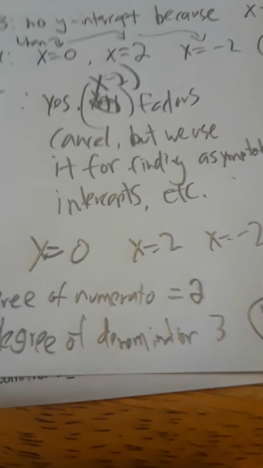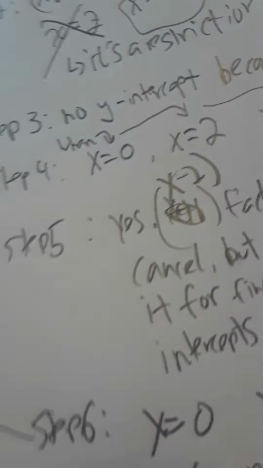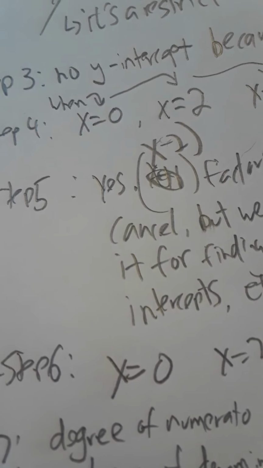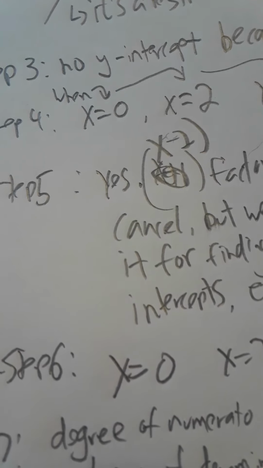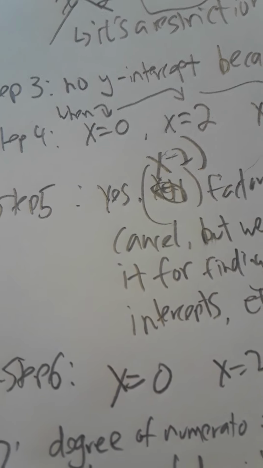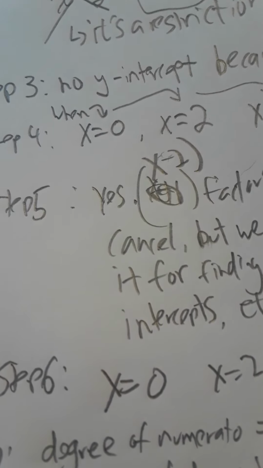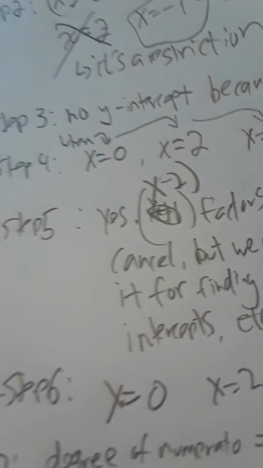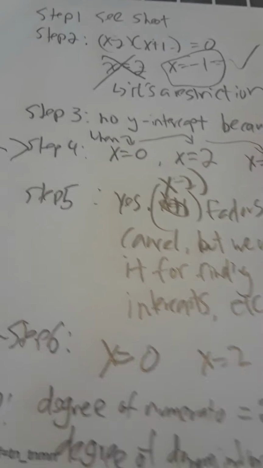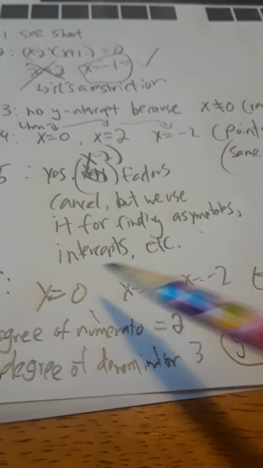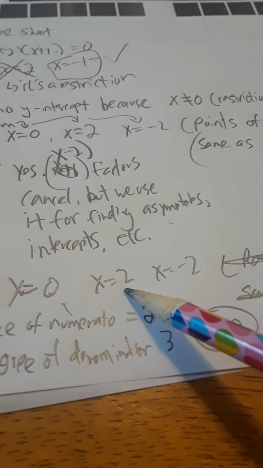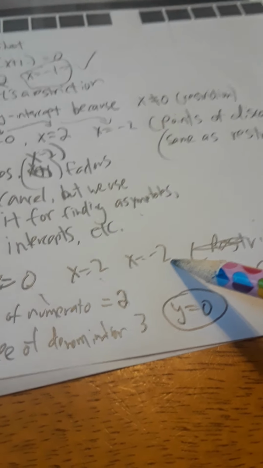So I'm not really finding holes. Seems like an awful lot to think about. Points of discontinuity we've already talked about. Number 6 is the vertical asymptotes. That's just the restrictions on the denominator, which are these equations here: x equals 0. It'll approach those. It will approach x equals 2 and x equals negative 2.